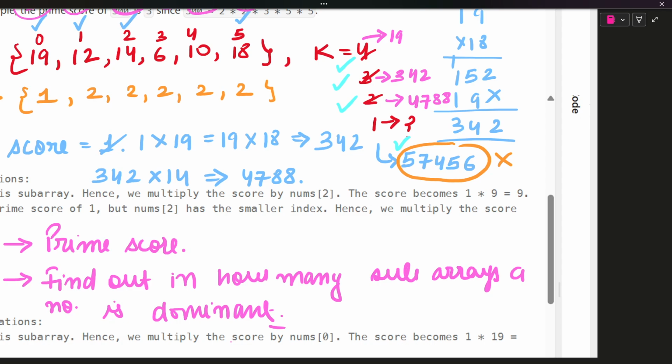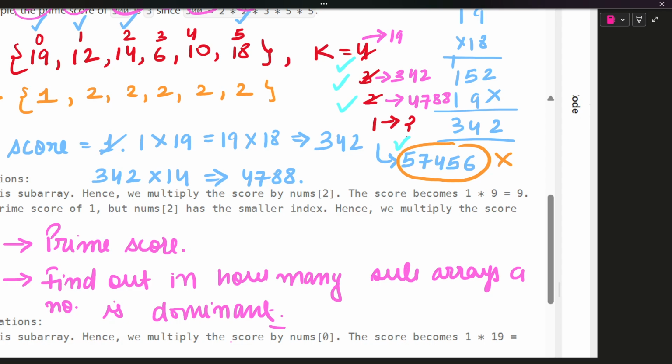What is this dominance? Dominance means the number of subarrays in which you will have the priority, or in which you will be dominant. That's what dominant means here.